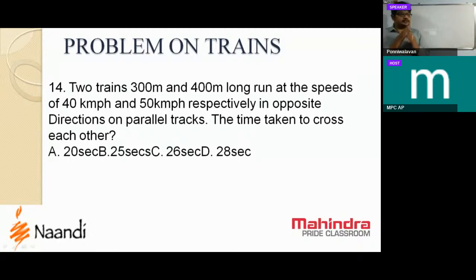Okay, here, what are all the objects gets crossed? Two trains. Two trains means they are traveling in same direction or opposite direction?